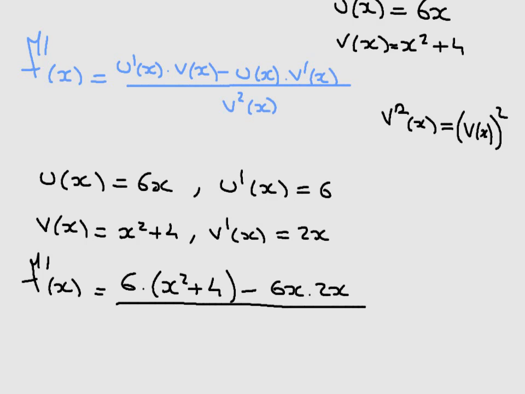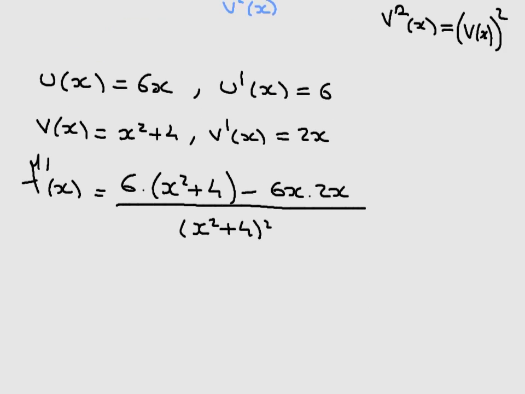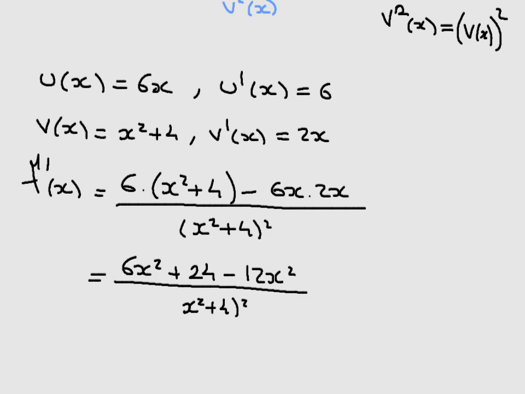And all of that would be expressed over x squared plus 4 squared. Distributing that 6 across that bracket there, that would lead us to 6x squared plus 24 minus 12x squared. And again, all of that would be over x squared plus 4 squared.